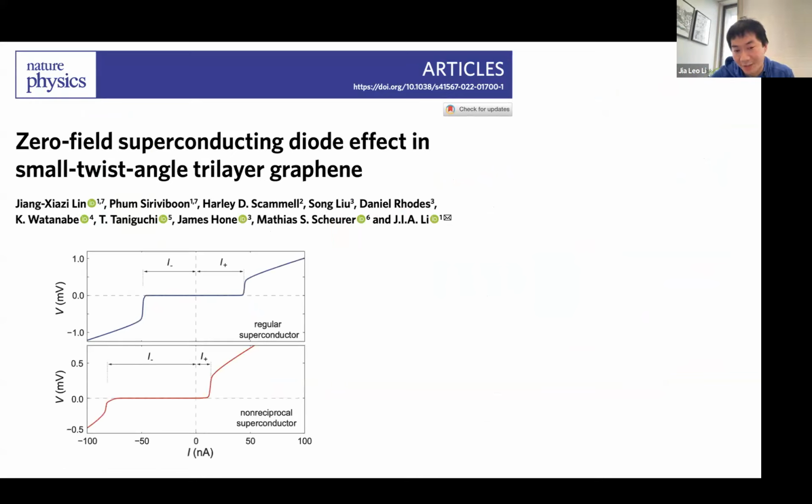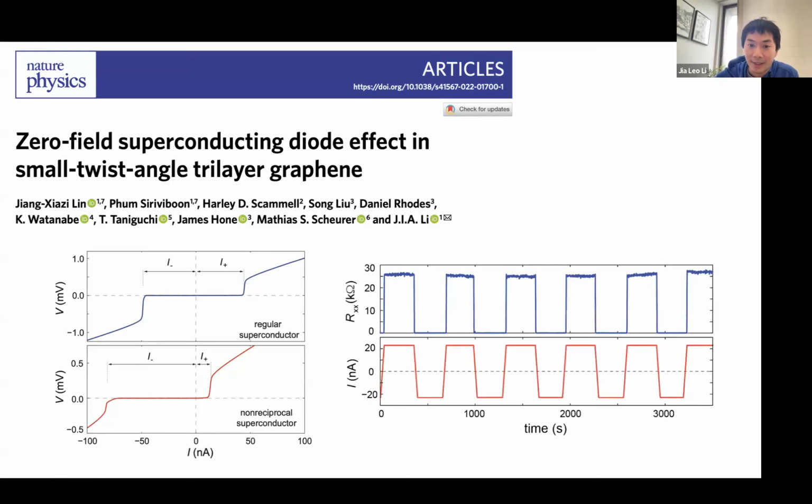So in some of the graphene Moiré structures, the superconducting transport behavior is highly non-reciprocal, meaning the critical current is highly dependent on the direction of the current flow. And that gives rise to this diode effect, where we can tune between normal state and superconducting behavior just by controlling the direction of the current flow.